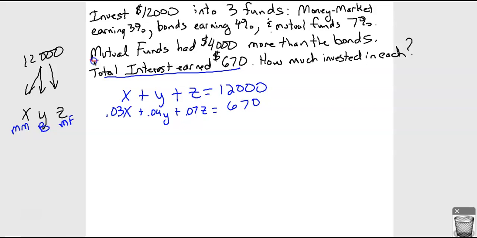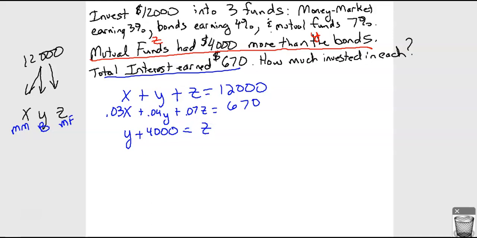It says mutual funds have $4,000 more than the bonds. So mutual funds, that's Z, and the bonds is Y. So we need to know that the mutual funds is 4,000 more than the bonds. To make them equal, if mutual funds is 4,000 more, we're going to take the bonds and add 4,000 to the bonds so that it will equal the mutual funds.